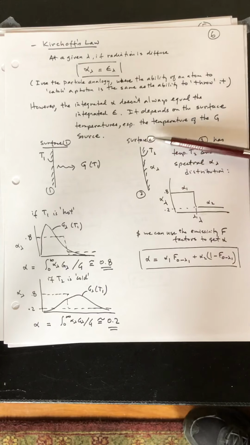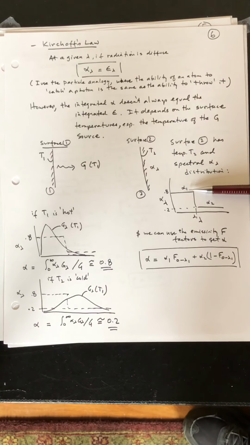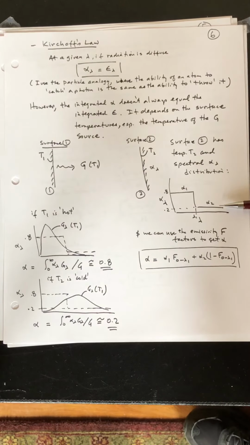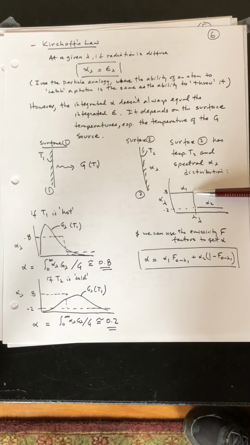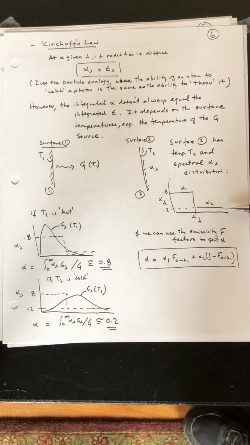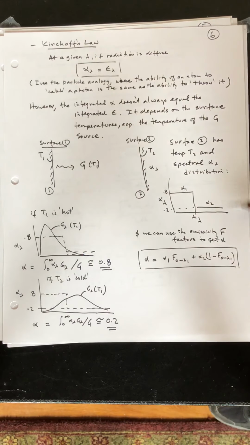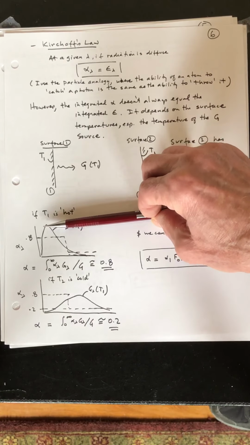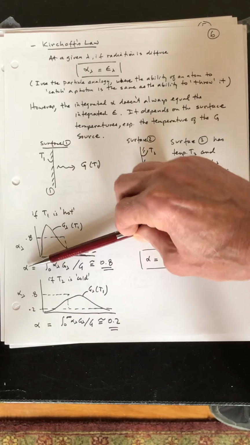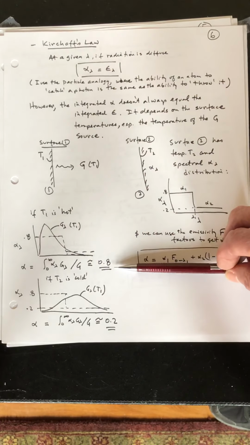Now let's look at surface 2. It has a certain absorptivity that's just a function of its own properties. And let's say it has absorptivity where it's 0.8 initially, and then the absorptivity just drops down to 0.2. Now, if we have hot radiation coming onto the surface, that overall integrated absorptivity will actually be closer to 0.8.